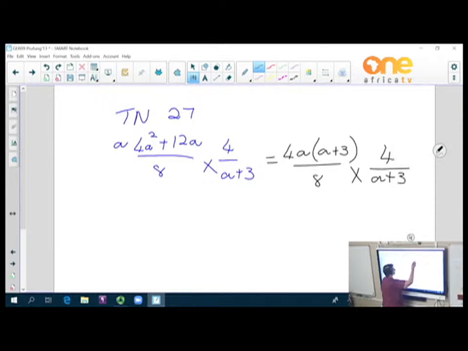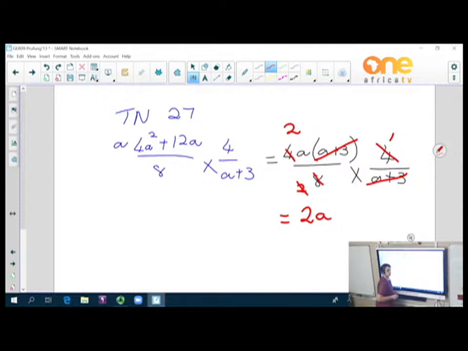Now I have multiplication. Now everything is multiplication. So the 4 divides into the 8 twice. The 2 divides into the 4 twice. So the number that I have is a 2. This a plus 3, that whole bracket is cancelled with a whole bracket there.